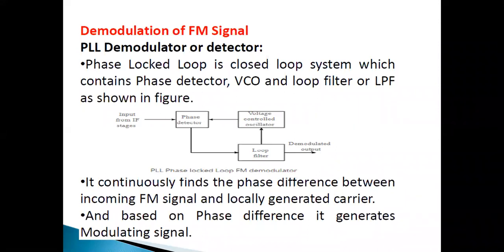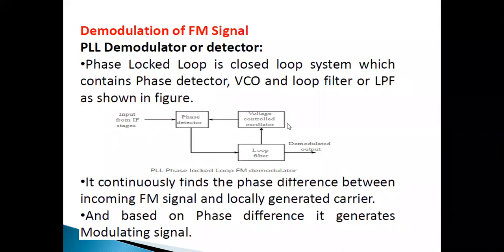So see the diagram, it consists of the phase detector, voltage controlled oscillator, and loop filter. The phase detector is used to find the phase difference between the input and the locally generated signal.